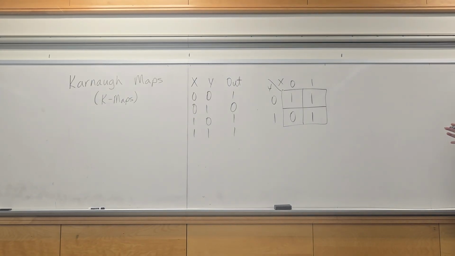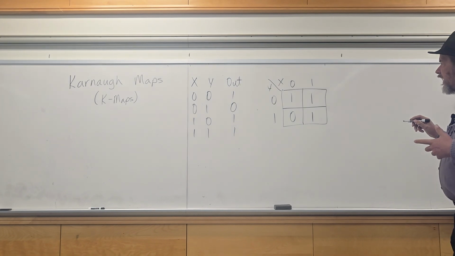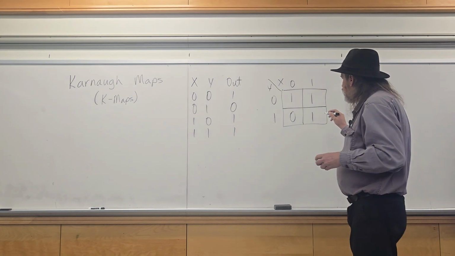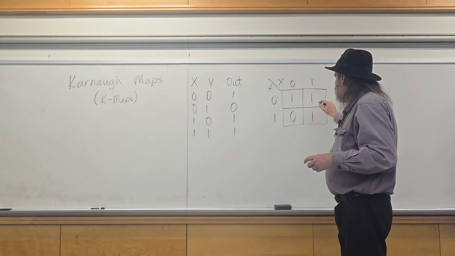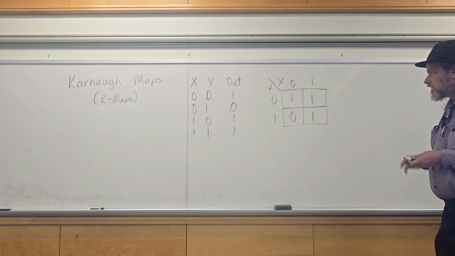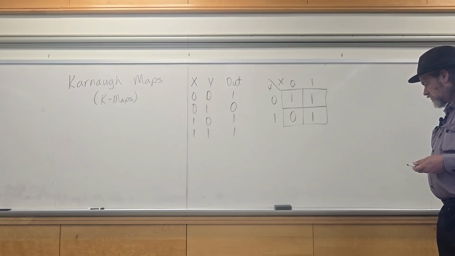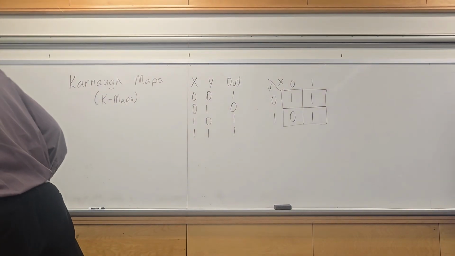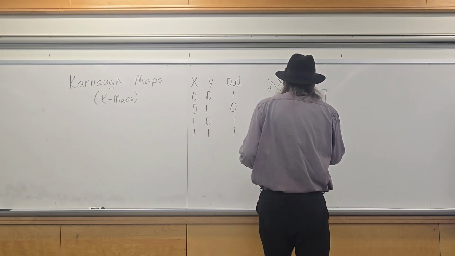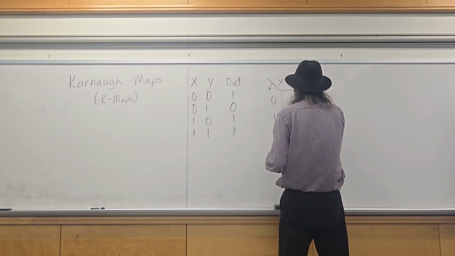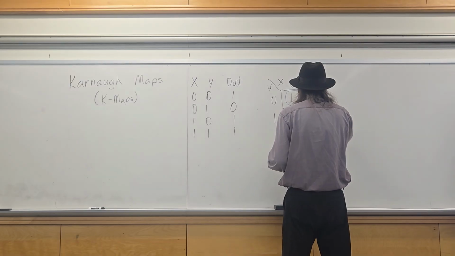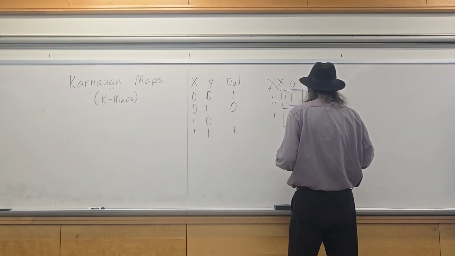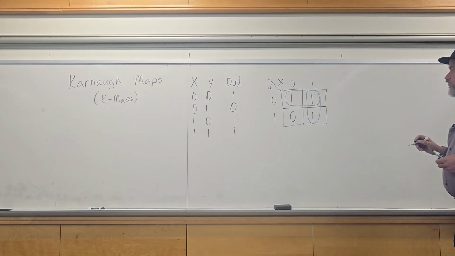Okay, now what does that give us? Well, you have these groups of ones. You group the ones together. Let me use a different color for that. In powers of 2.